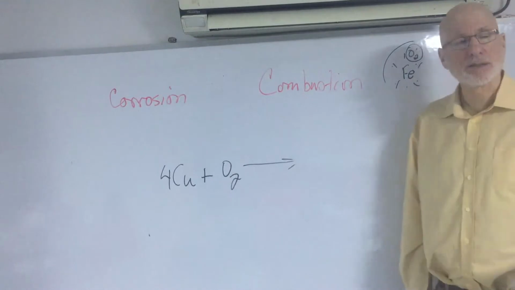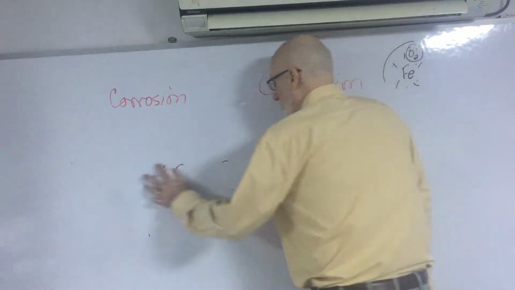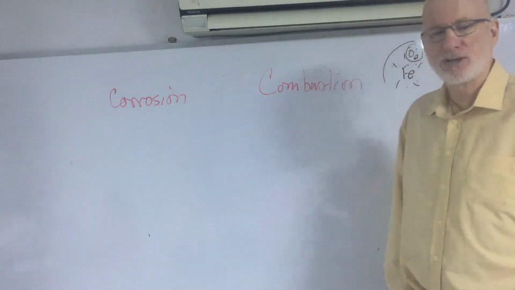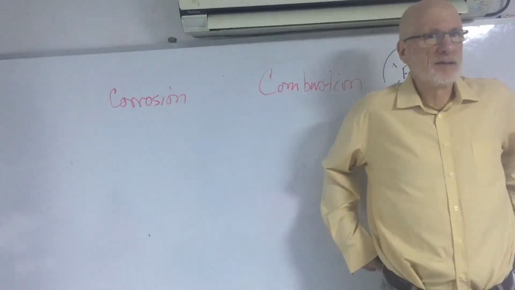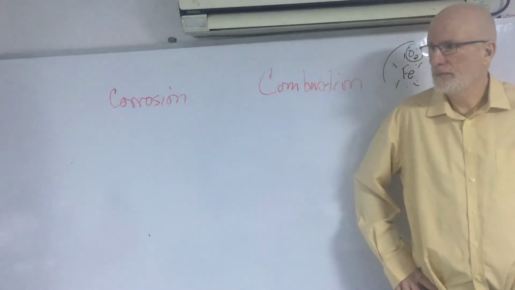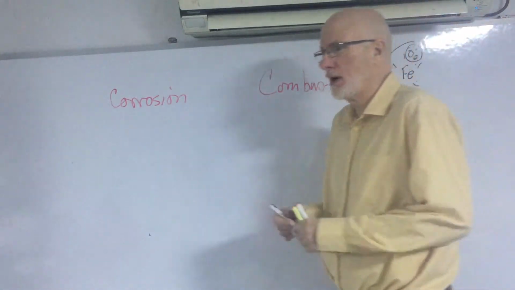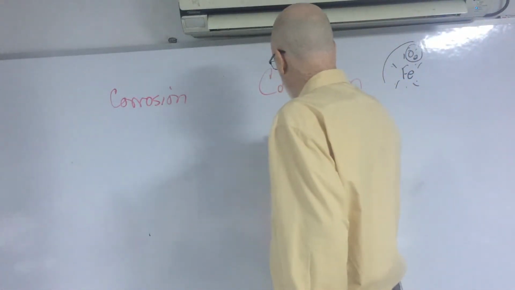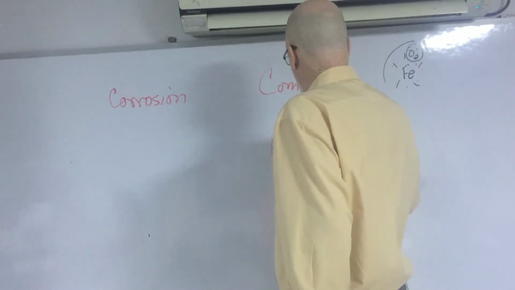You know what copper wire looks like? That looks nice. That doesn't look corroded. But when it forms that coat of corrosion, it is a beautiful green color. Okay, do we have the aluminum? No? Aluminum corrosion is aluminum oxide.